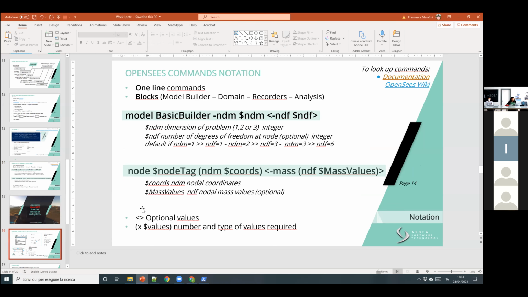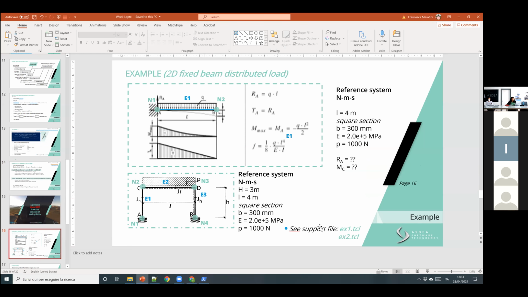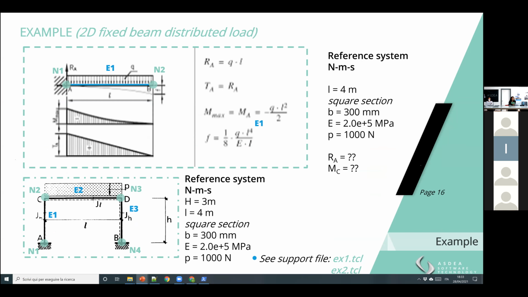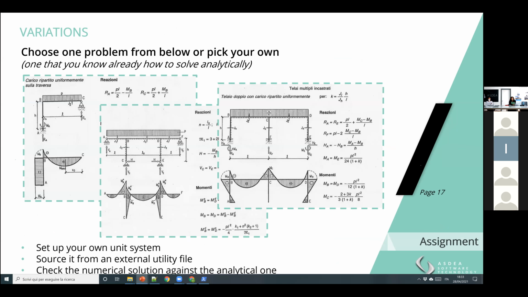I also made another example of a portal frame, but I will not show it to you now because we're running out of my 30 minutes. What I can ask you to do and discuss on our forum is to choose for yourself an exercise which is analytical. I can provide you with some here.